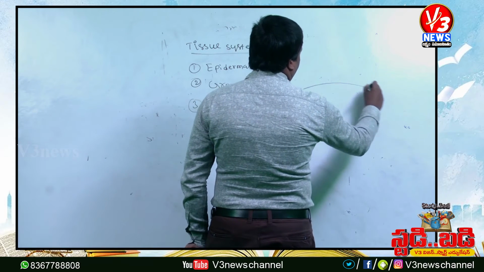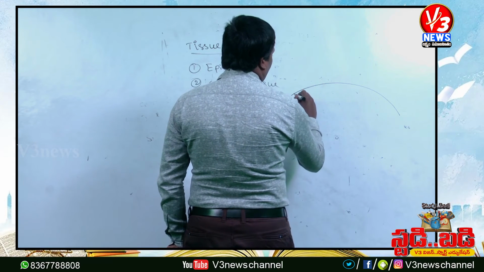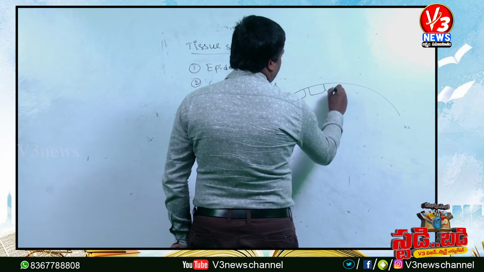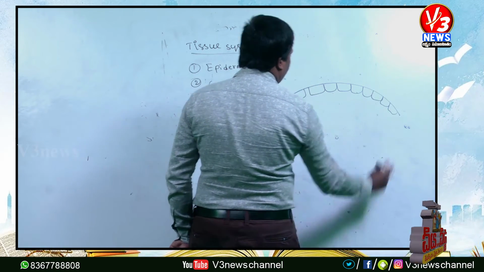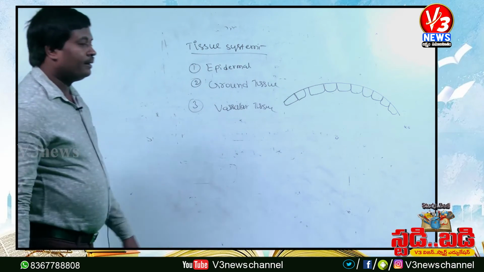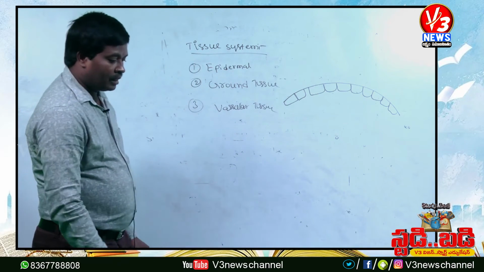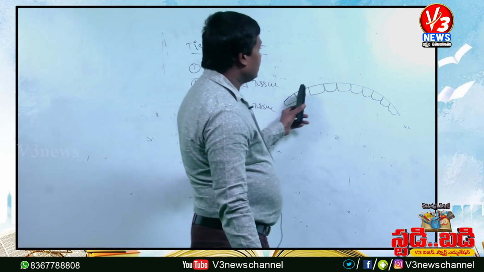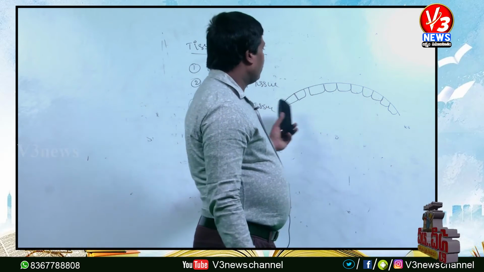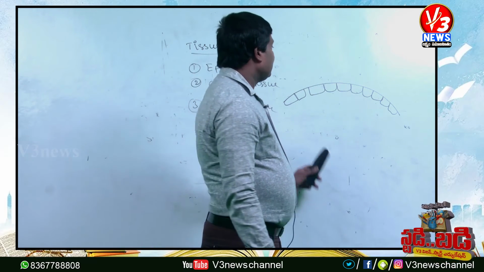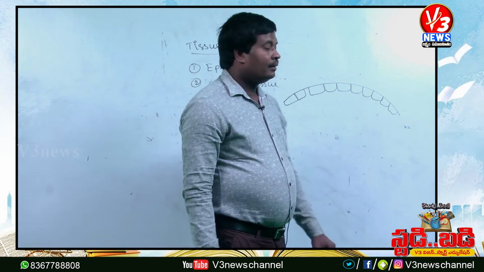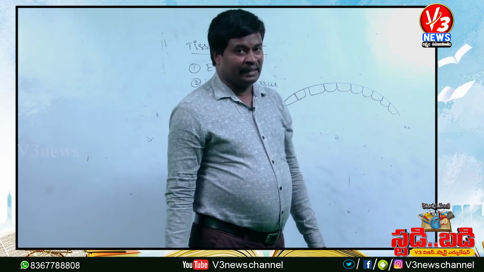This is the epidermis. The outermost layer is called the epidermis. Outermost means, this is anatomy, the study of the internal structure of the root or stem or leaf. It is a single outermost layer without intercellular spaces.